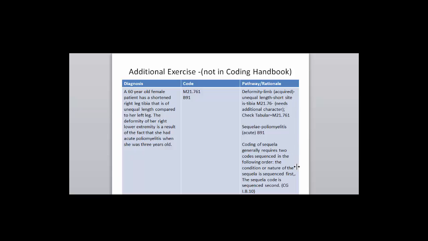The first code is the condition or the nature of the sequela, which in our case was the shortened leg length on the right tibia, and the sequela code, B91, is the second code. So your guideline gives you a sequencing rule, and tells you which goes first.